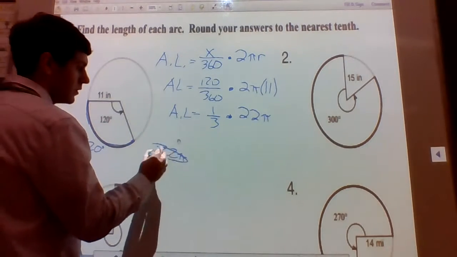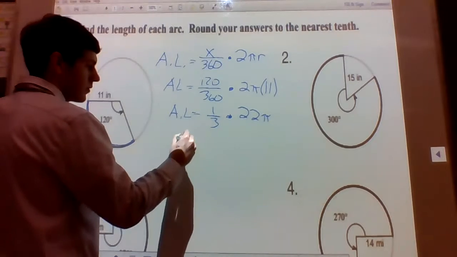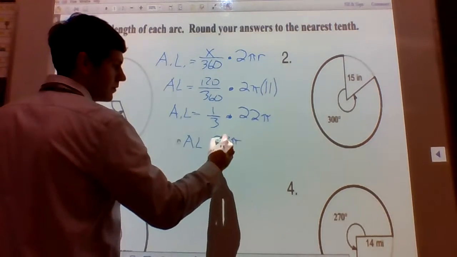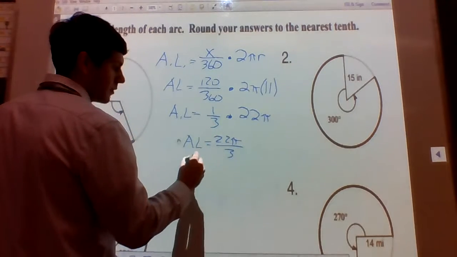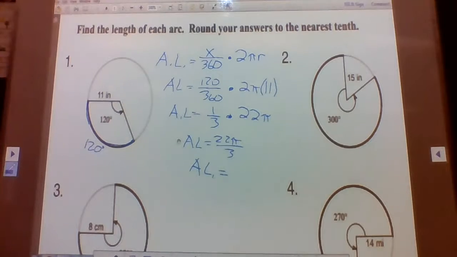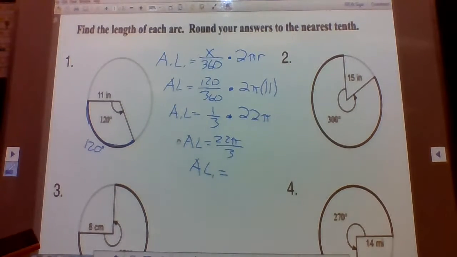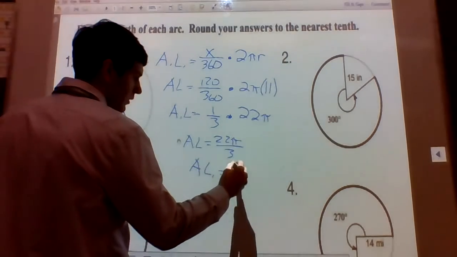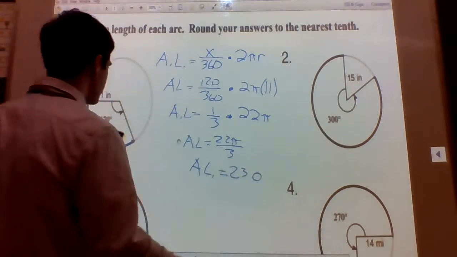That's 22 pi over 3, or we can write it as a decimal: 1/3 times 22 pi, or 22 pi divided by 3, will give us 23.0 inches.